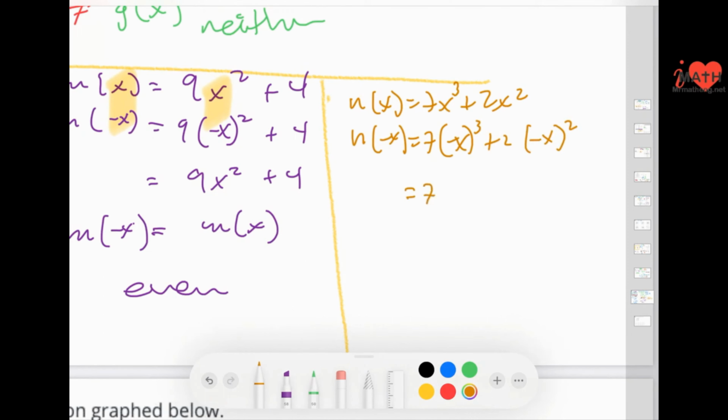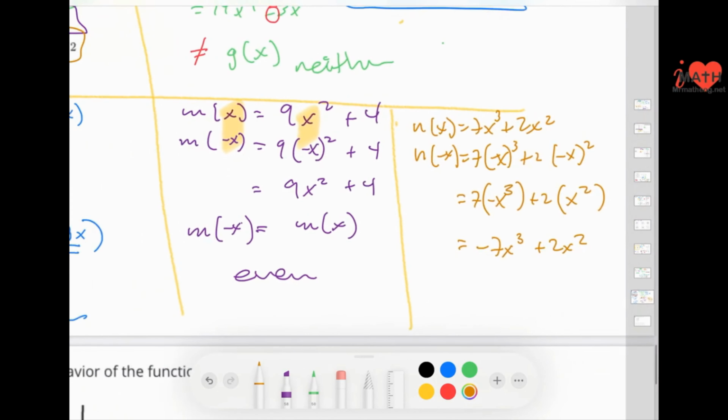This would be negative x cubed is negative x times negative x times negative x, which is negative x cubed. And this one is going to be negative x times negative x is just x squared. And if you just clean it up, it would look like that.